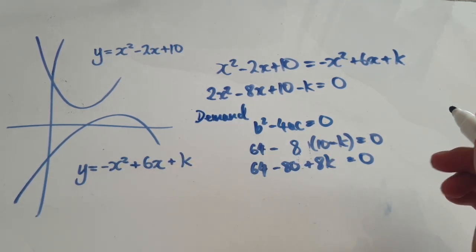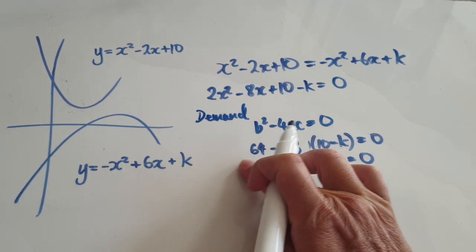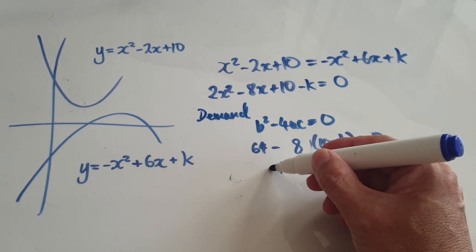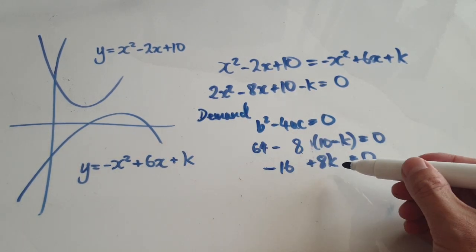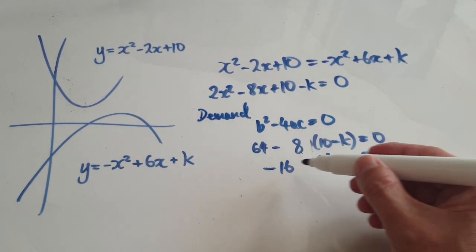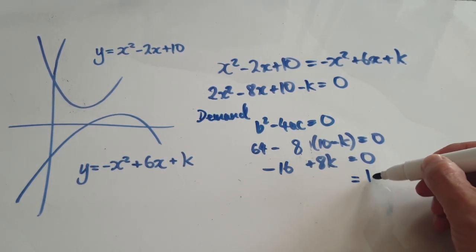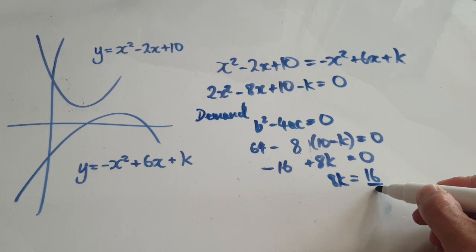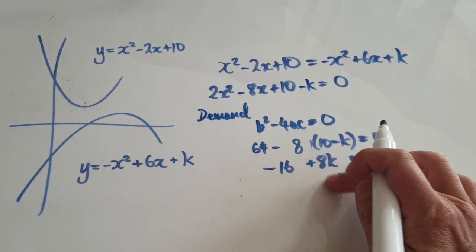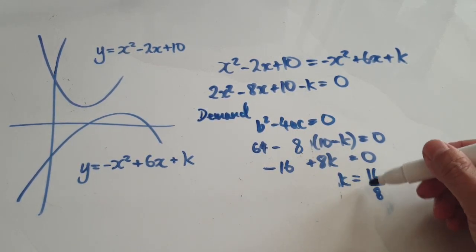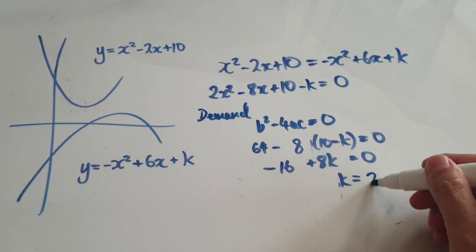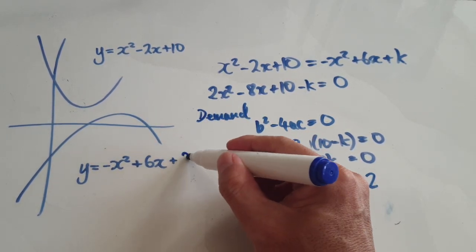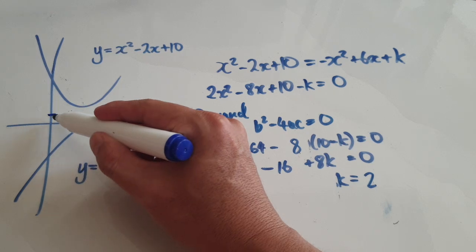Merging these two together would be -16, sorry. And then now our job is to work out k. So add 16 to both sides, and then divide both sides by 8. So k equals 2.